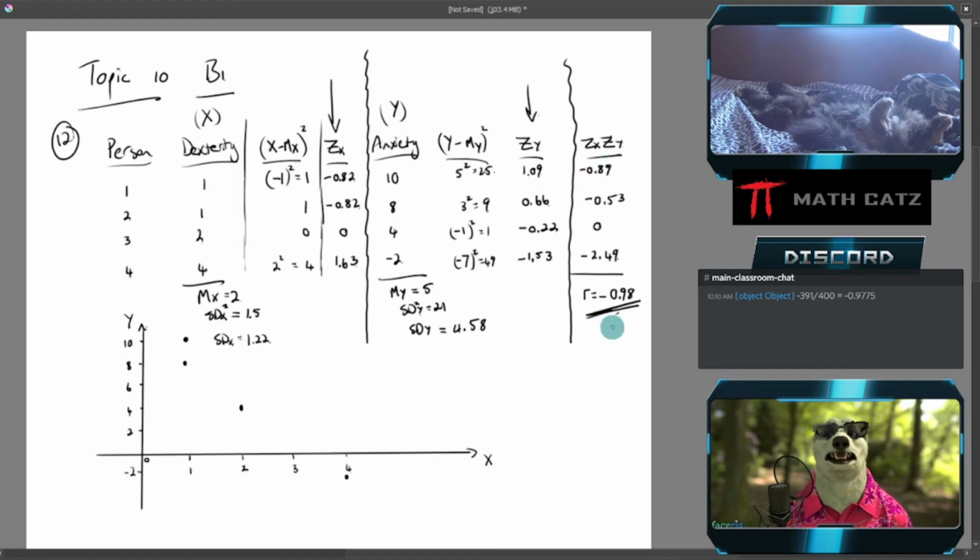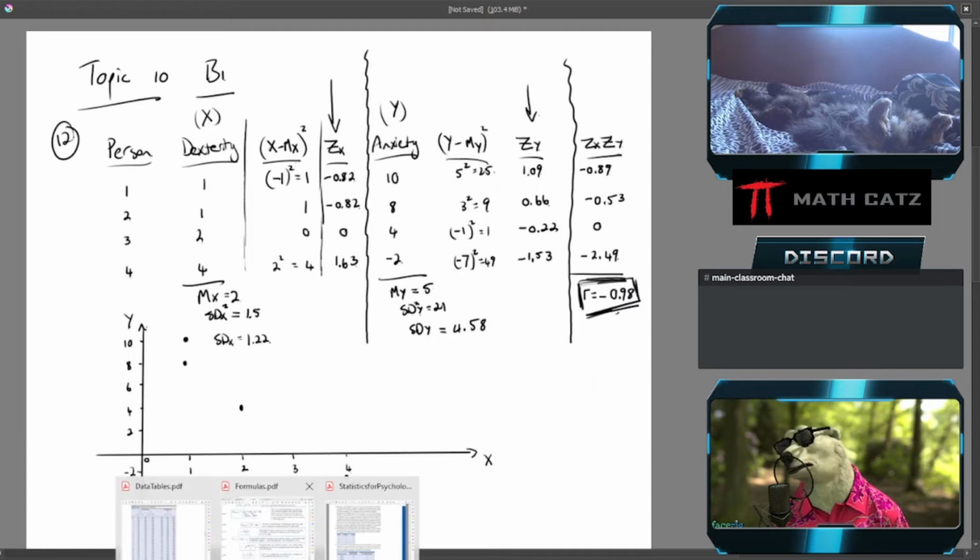I didn't write it down. The correlation coefficient is completely wrong. Very important to always take your time and be careful of every step. All right, we made it one way or another. So our correlation coefficient for this sample is, by hand, negative 0.98.